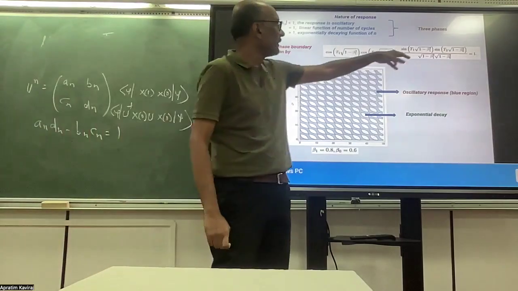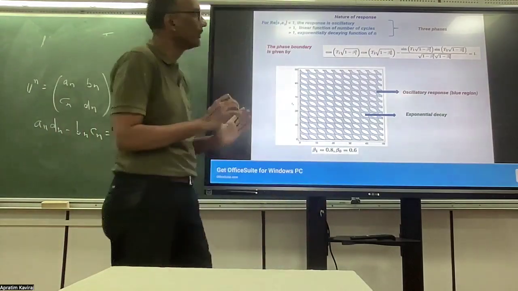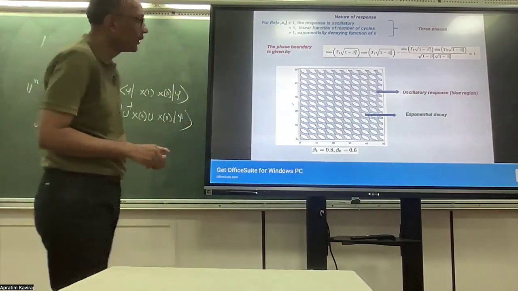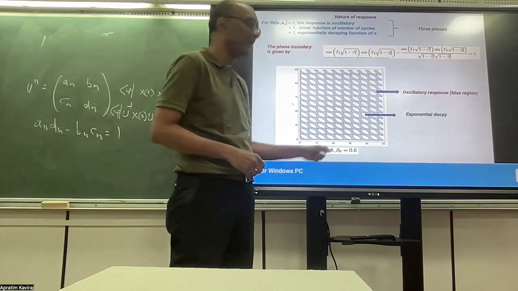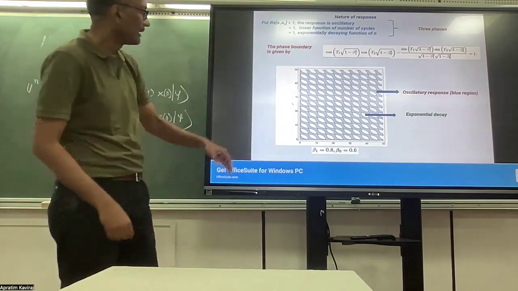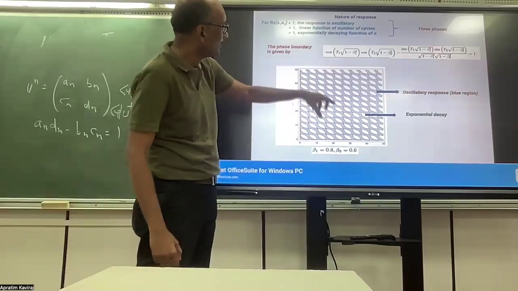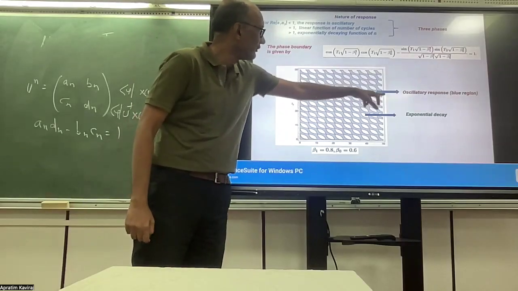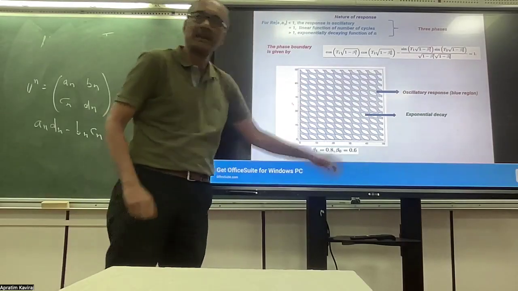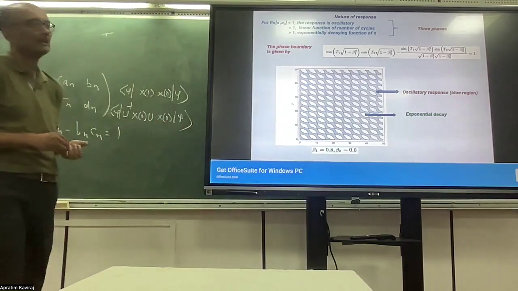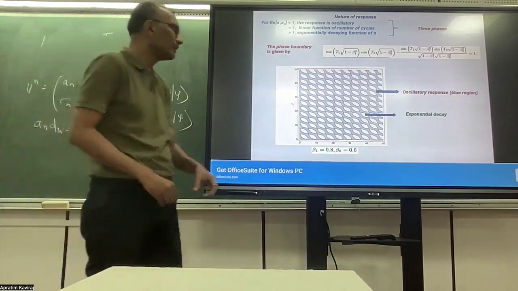So we had an expression for the phase boundary for that particular drive, and here is a plot. So if you fix your parameters beta 1 and beta 0 as a function of T2 and T1, this is how the oscillatory region, which is the blue, and the heating exponential region, which is the heating, come.